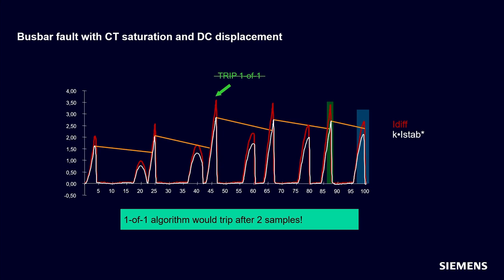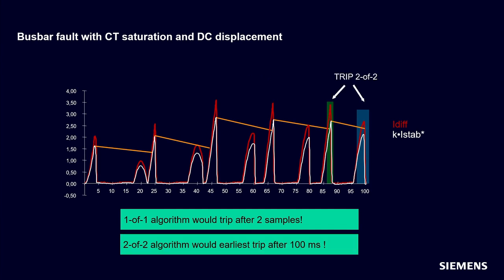For the 1 out of 1 algorithm, the fault current is simply not high enough, and for the 2 out of 2 algorithm, we are not in the tripping area for the second half wave. Only when the DC component has declined, roundabout after 100 milliseconds in this example, can the 2 out of 2 algorithm be applied and trip.